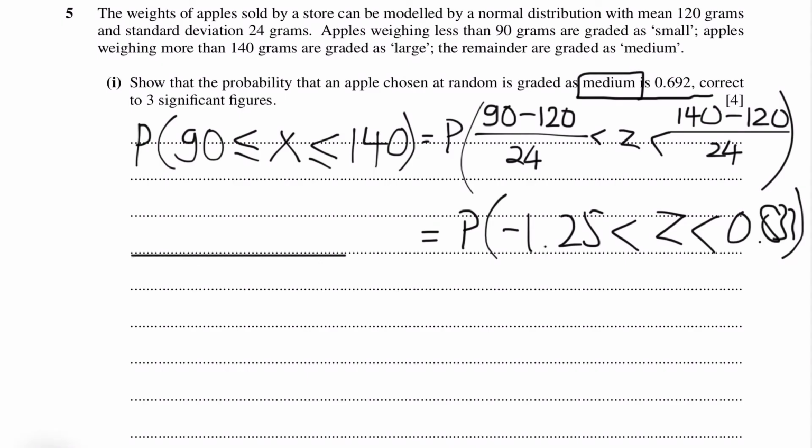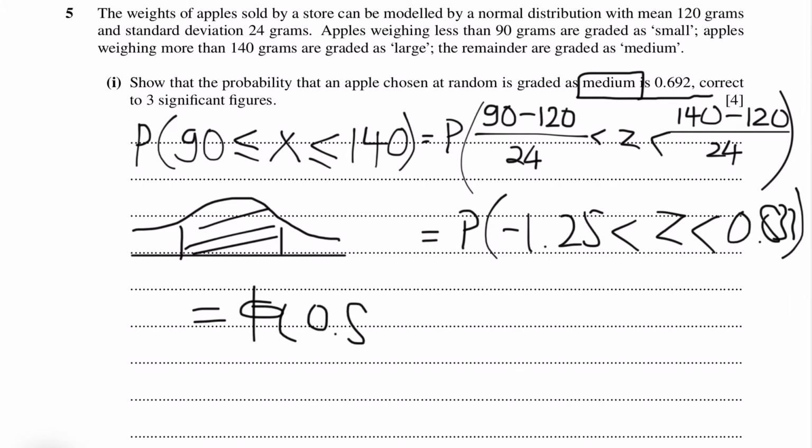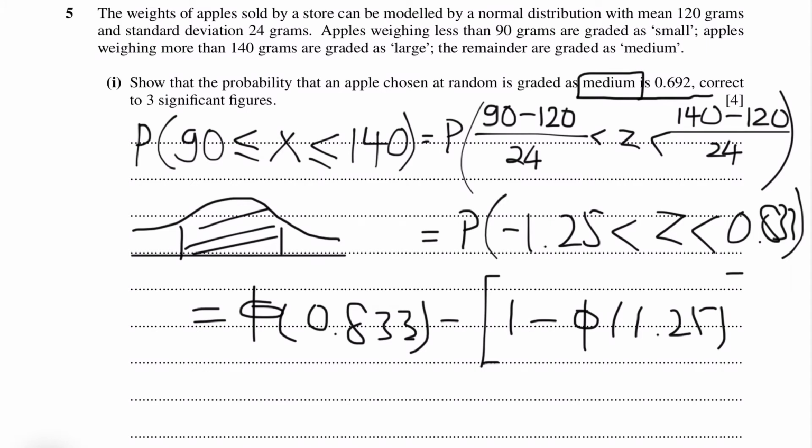Now if you draw your normal distribution graph, your values will be from here to around here, and this is what you need. So it will be equal to 0.833 minus, in brackets, 1 minus 1.25.